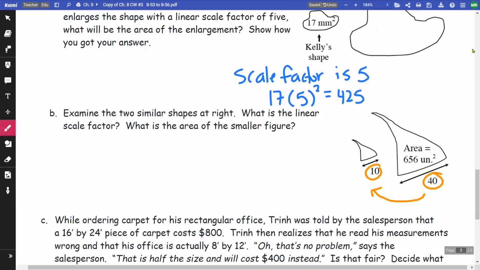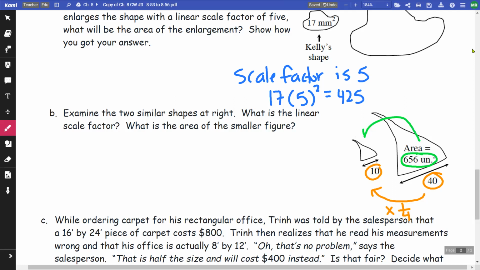I am dividing by 4, or I am multiplying by 1/4. It's 1/4 as big.